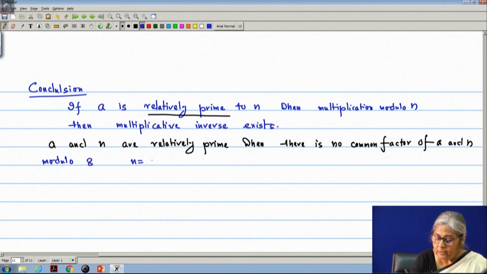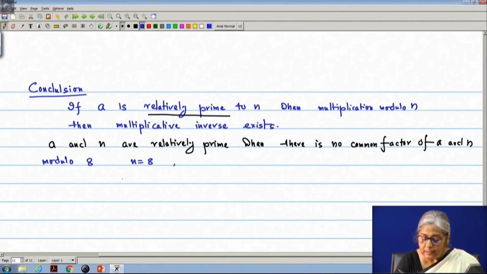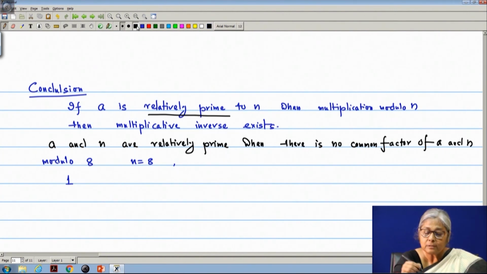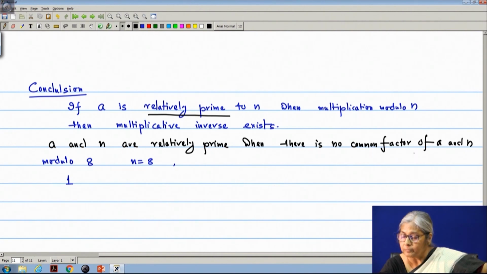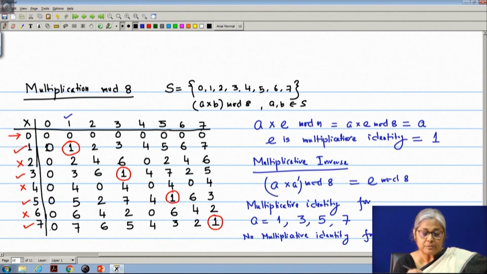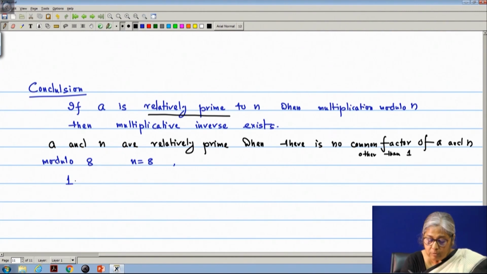So, my n equal to 8, and when I take A as 1, the factor of n other than 1. For 1, 3, 5, 7: A equal to 1 and n is 8 always.